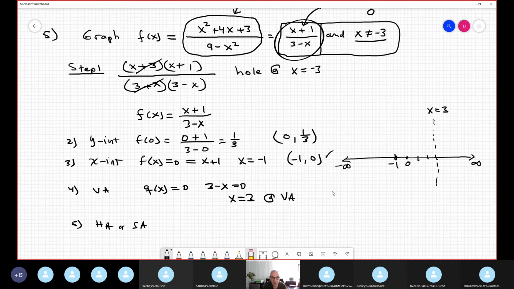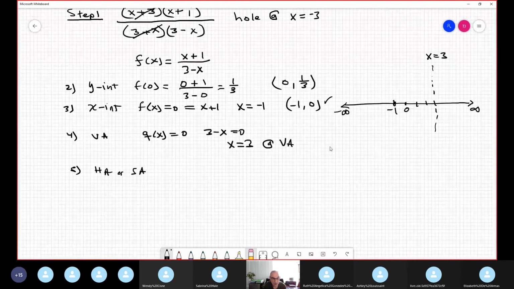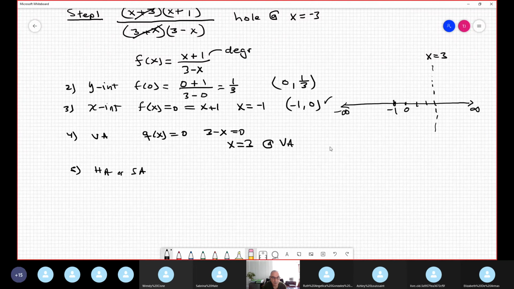The degree of this is 1, and the degree of this is also 1. Therefore, when the degree is the same, I know very well that we have a horizontal asymptote, not a slant.